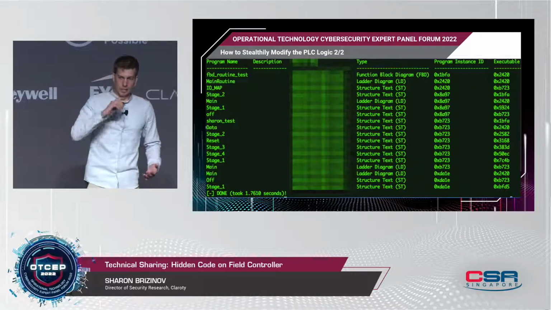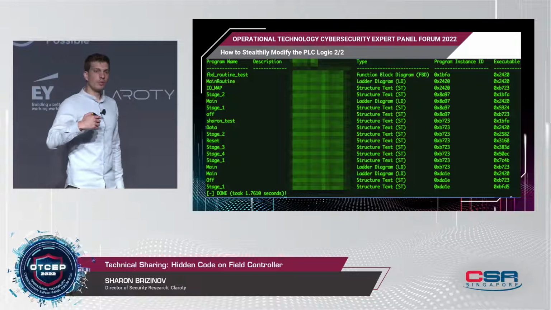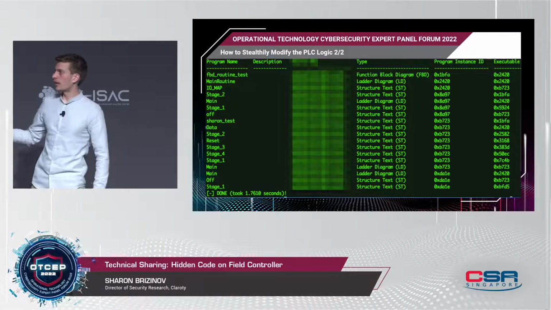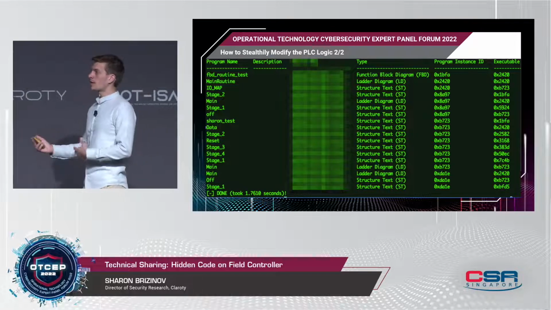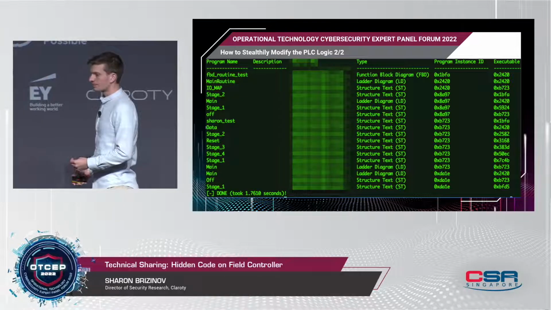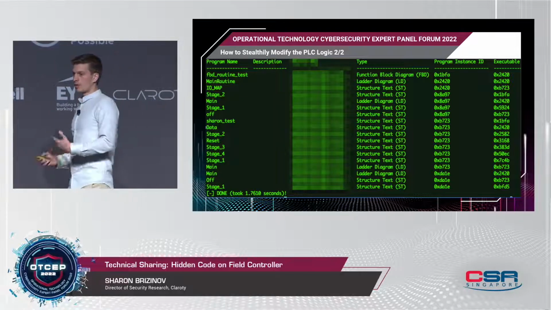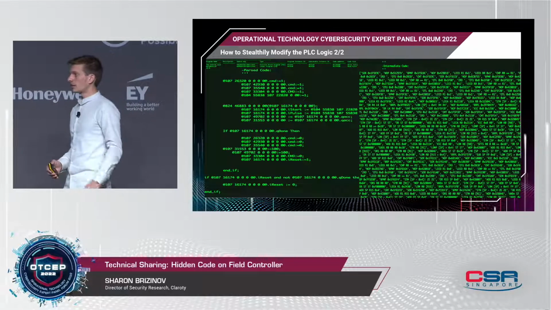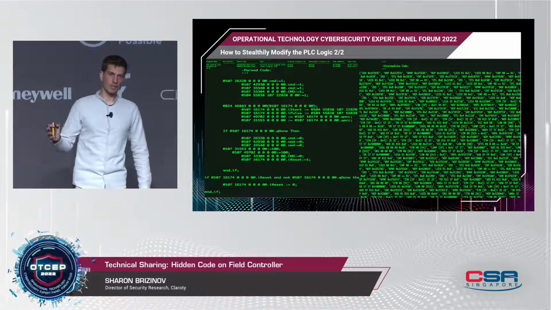Another example is this. I was able to query the PLC for what programs it is now running, and to get a lot of information about all the programs the PLC is running. For example, I was able to get the actual text code, as you can see on the left side, and the bytecode.